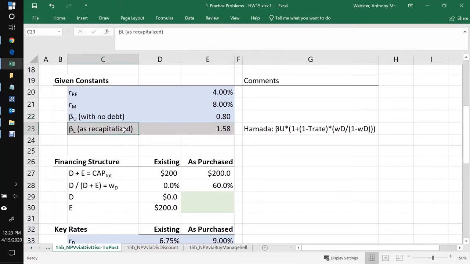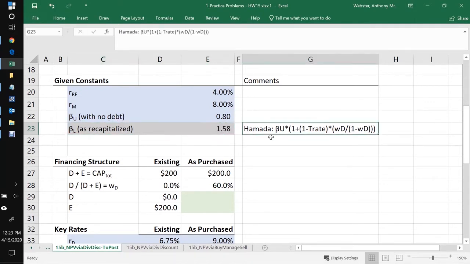And then if we lever up that firm, we give it a bunch of debt, the beta of the firm is going to increase, and it's going to be more volatile. And the reason that it's going to be more volatile is that it's riskier now, right? Because as we've levered it up, higher probability of bankruptcy, riskier firm generally means more volatile, as recognized in beta.